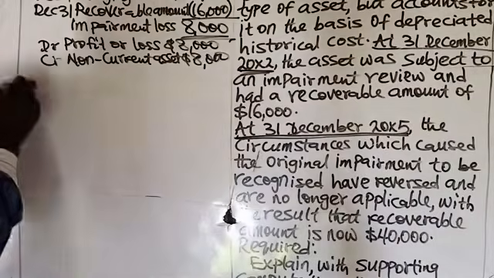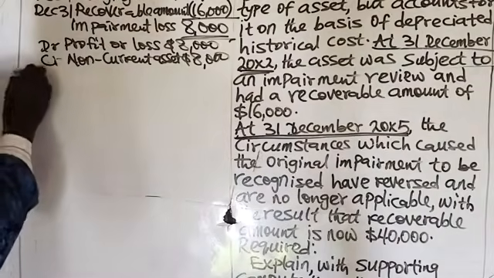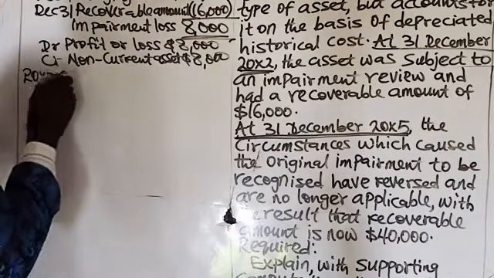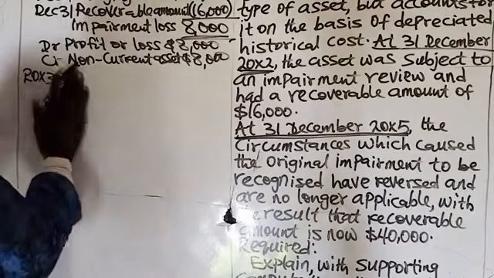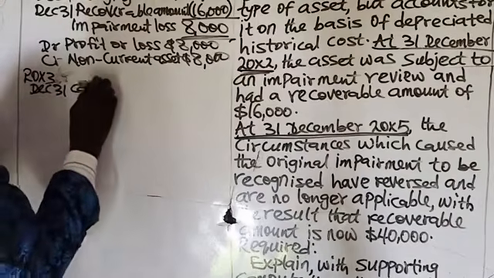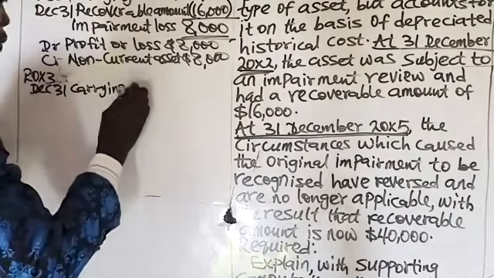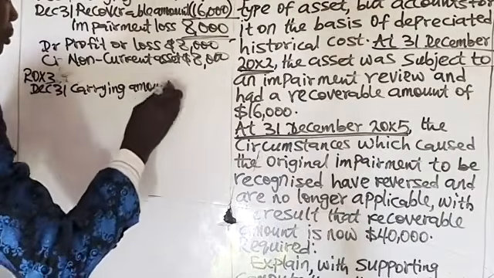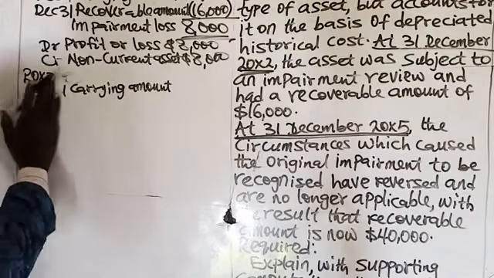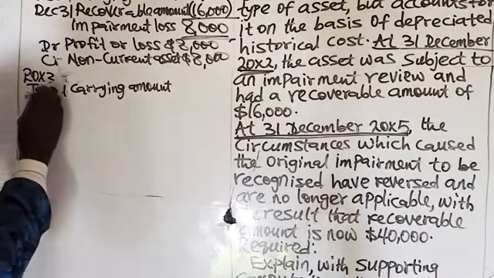Now, as at 20x3, you have the carrying amount as at January 1st, that is, as at the beginning of 20x3.